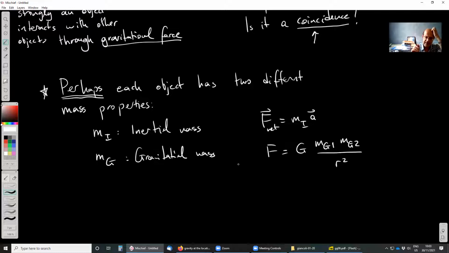Perhaps we don't have a single mass property, but we have two different mass properties. Somehow, since we didn't know the difference between them, we called each one mass. If they are different, then we should invent a new term for the other one. But right now, I'm just going to call them inertial mass and gravitational mass.